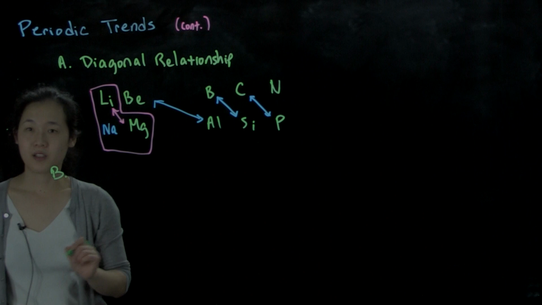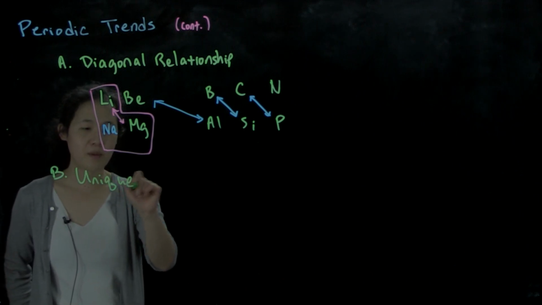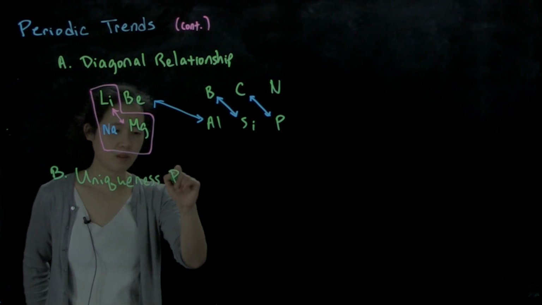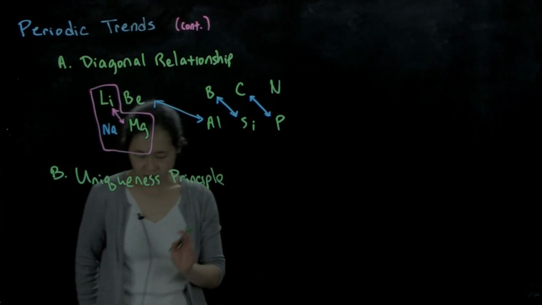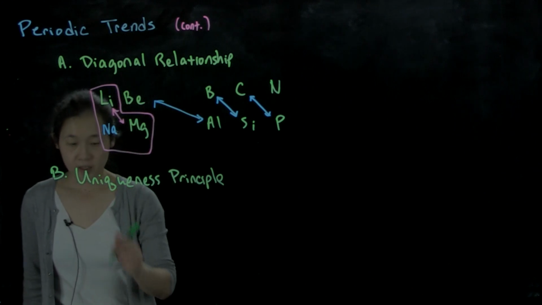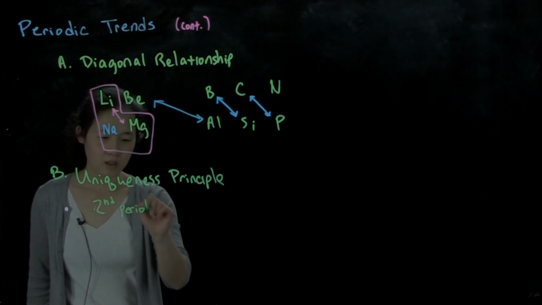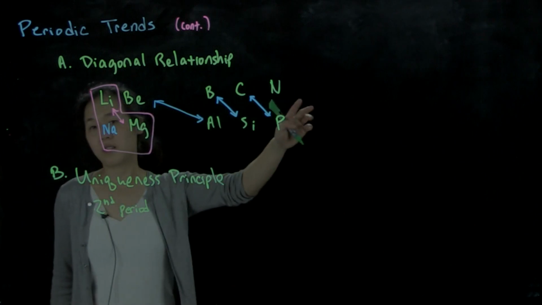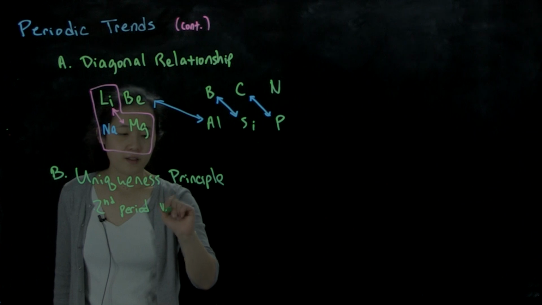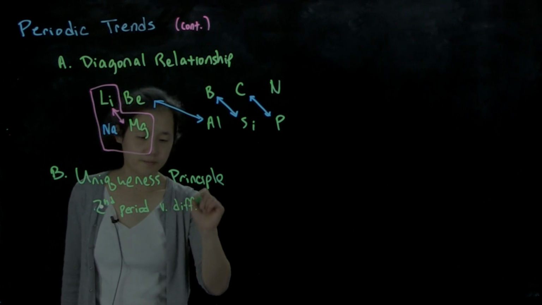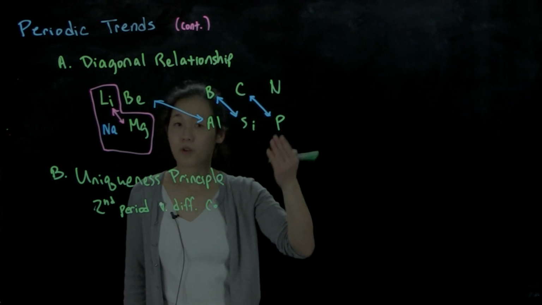The more complicated one that I do want to talk about is the so-called uniqueness principle. You don't need to remember the name. But the basic take-home message of the uniqueness principle is that the second period elements, so lithium, beryllium, boron, carbon, nitrogen, oxygen, and so on, are very different in reactivity and properties compared to their analogs in the third row, fourth row, fifth row.